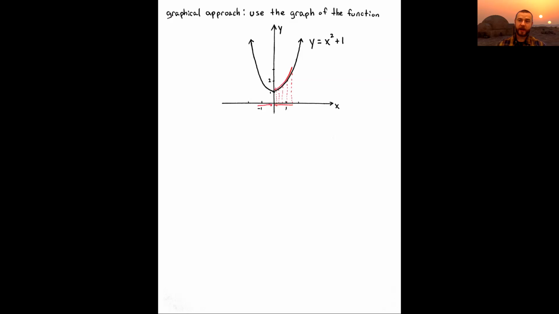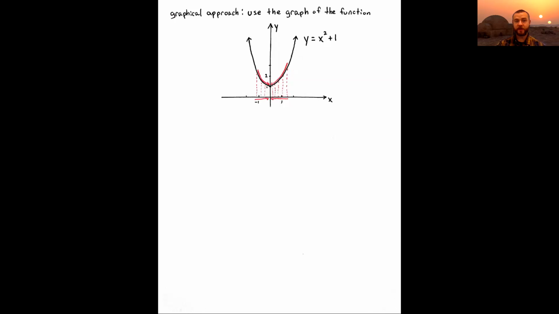You can see as we gradually get closer to 0, our function values are going down that right side of the parabola towards the vertex. That vertex is at the point 0, 1. So we'd say here the function values or y values are approaching 1 as x approaches 0.